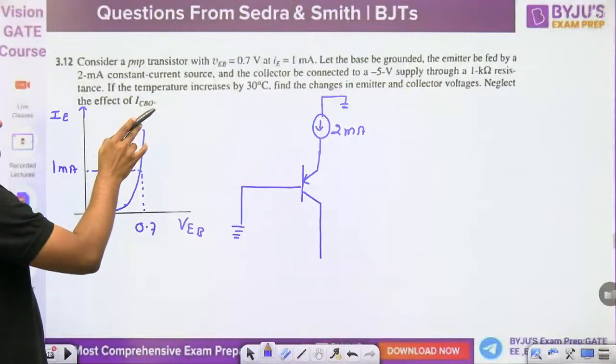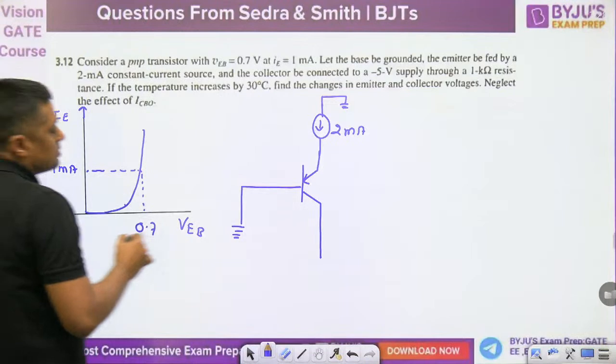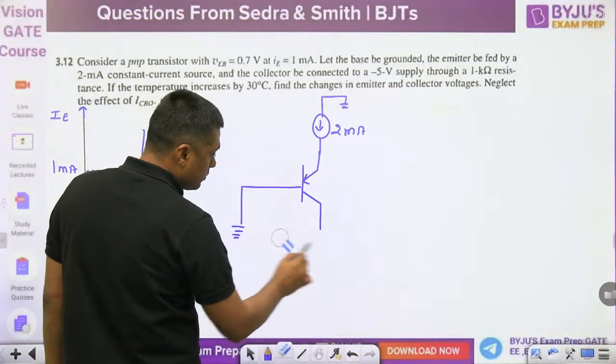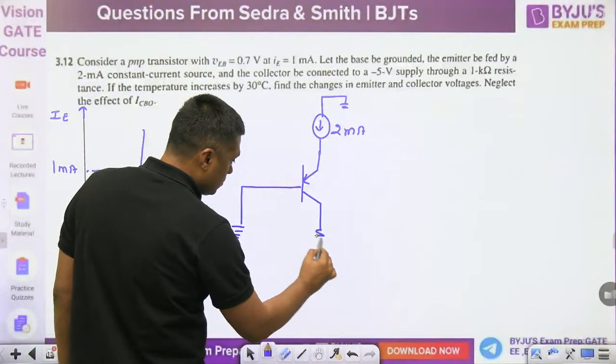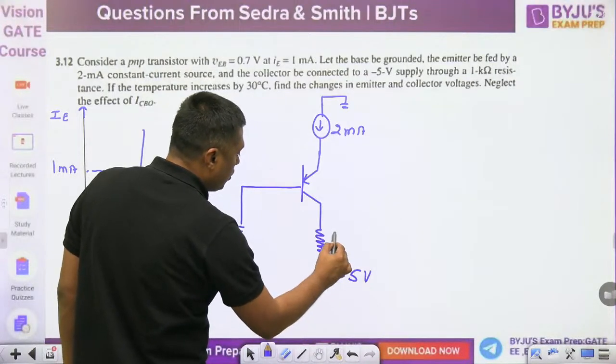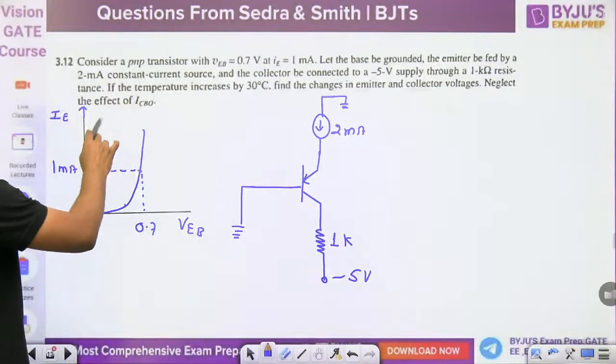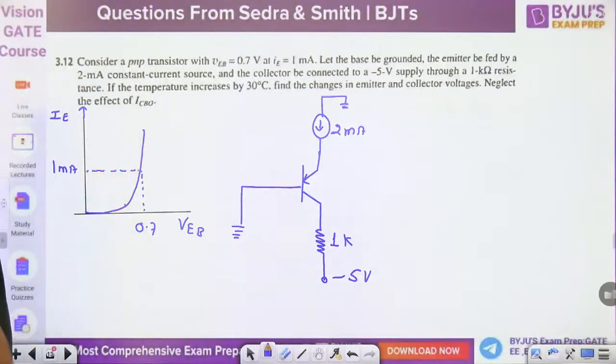And the collector is connected to a minus 5 volt supply through a 1 kilo ohm resistor. This is the minus 5 volt, the collector and the 1 kilo ohm resistor. If the temperature increases by 30 degrees centigrade, find the change in the emitter and collector voltages.